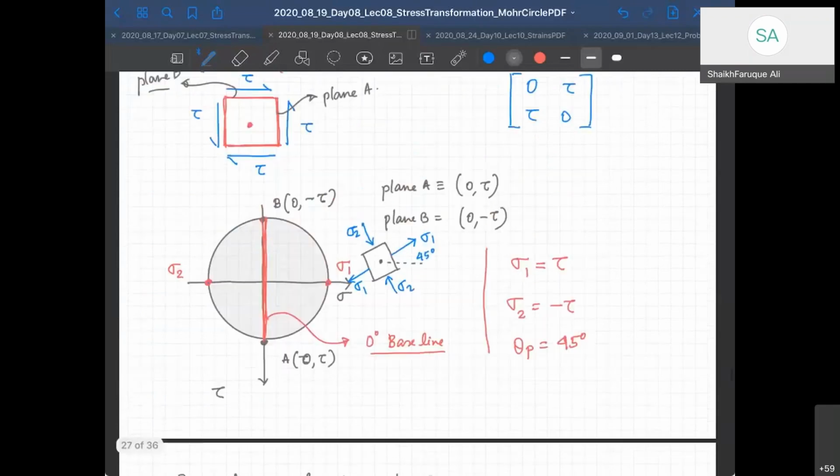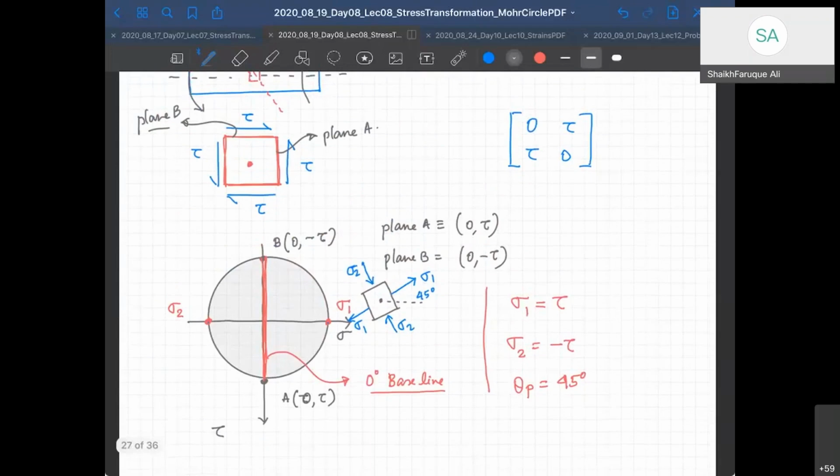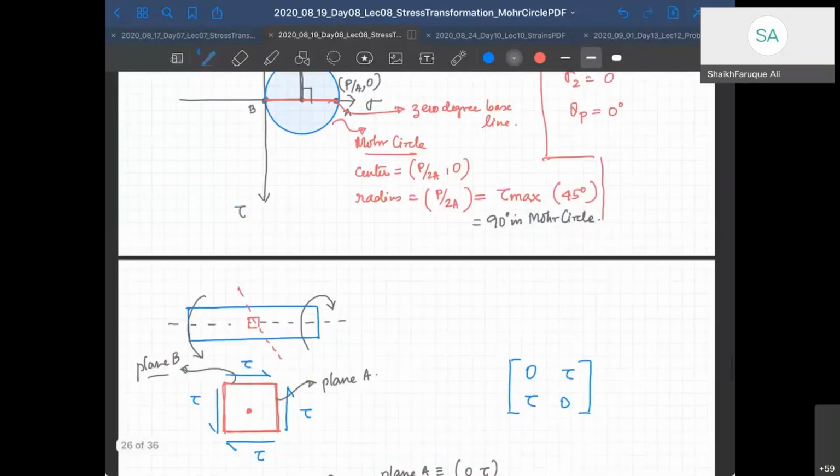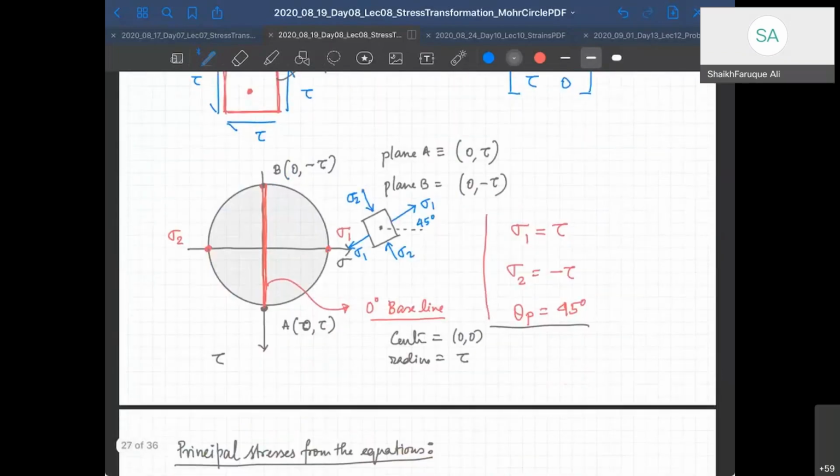Did I make a mistake? Center is 0, 0. Radius is tau, because I don't know sigma here, I know tau. So tau is the radius, not tau by 2. Anything else I wrote there? No. Okay.